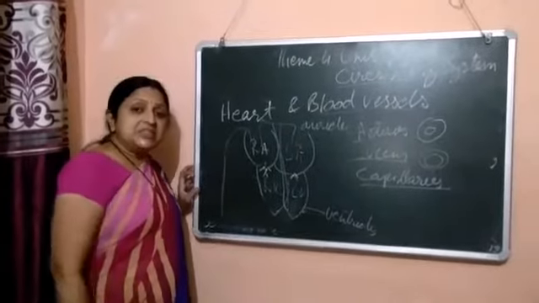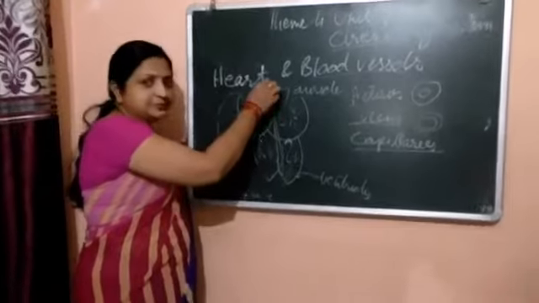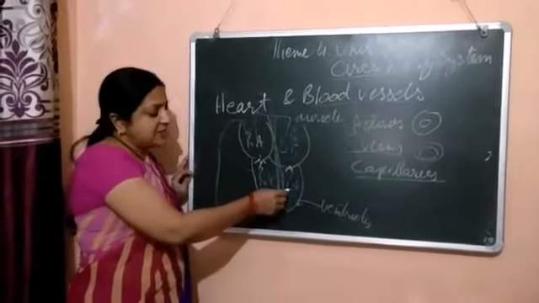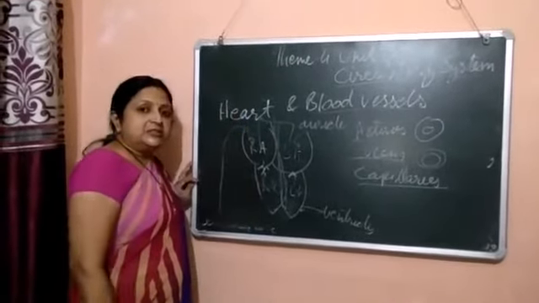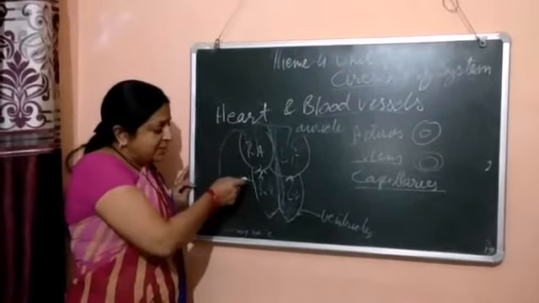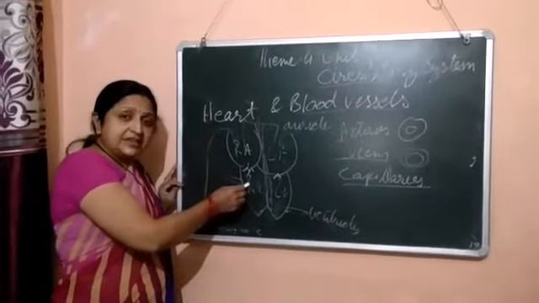Now the blood vessels which leave the heart. The first blood vessel is the dorsal aorta. Dorsal aorta is also leaving the heart. It collects the blood from the left ventricle and distributes the blood to all parts of the body. And pulmonary artery comes from the right ventricle.